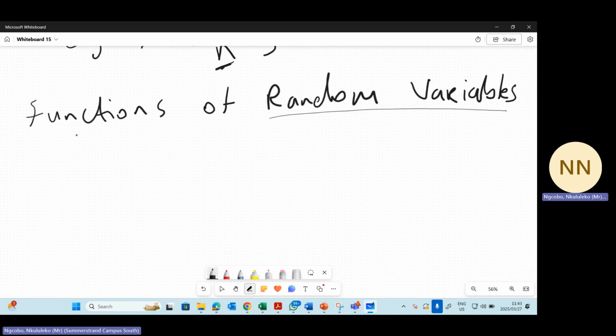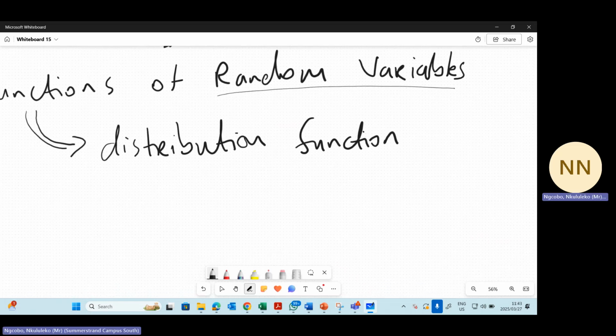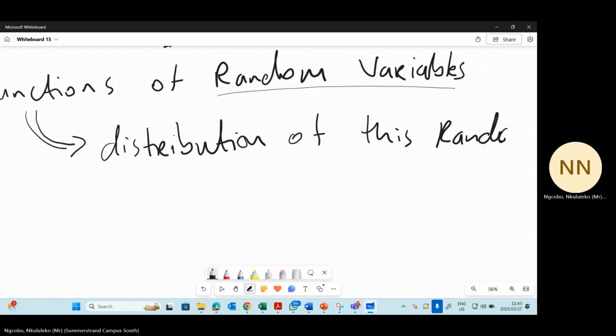And what are we interested in? We're interested in finding the distribution of these random functions, right?